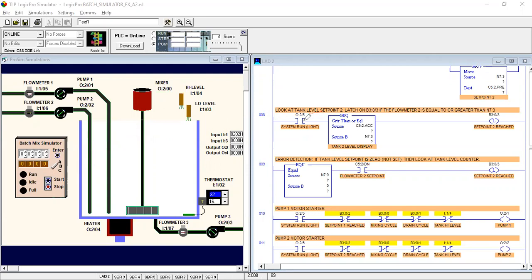After this instruction we have to connect the GEQ, greater than or equal to instruction, if our source A is greater than or equal to our source B. In source A we put the accumulated value of this counter, and in source B we connect the integer value of N7:3. This is our tank 2 level display.